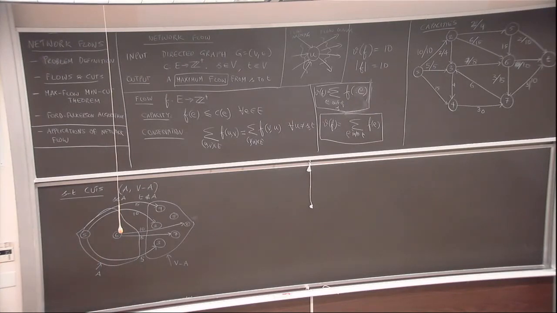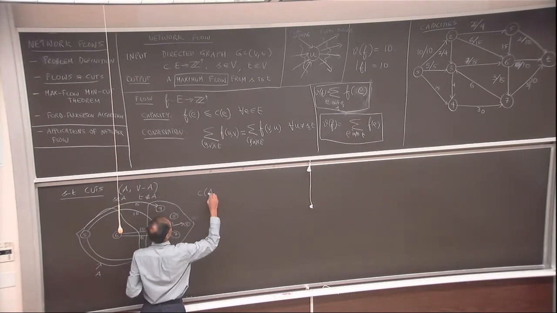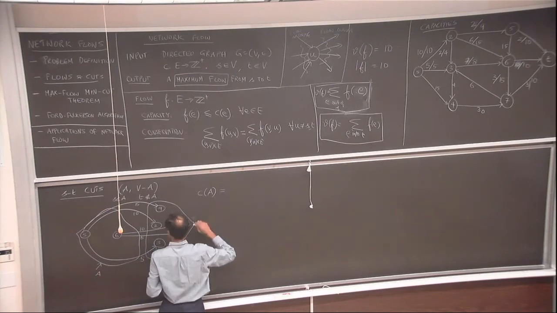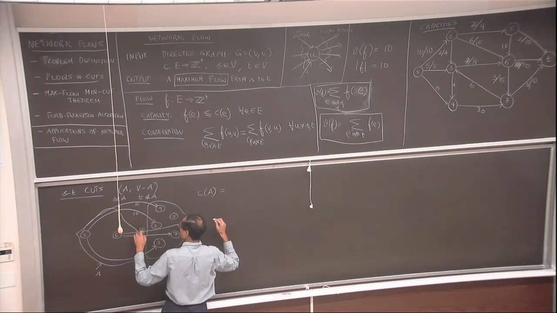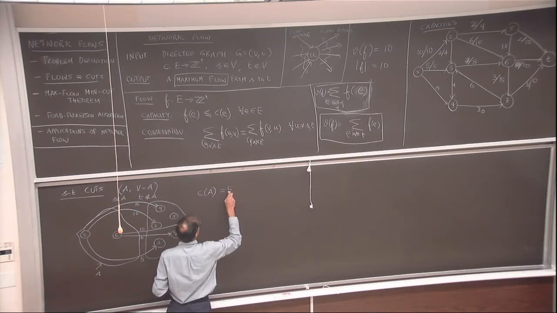So this is what would be referred to as the capacity of that cut. I think we'll sometimes just use A to refer to this cut, which is the side that includes little s. So we will say the capacity of the cut A is equal to 55.